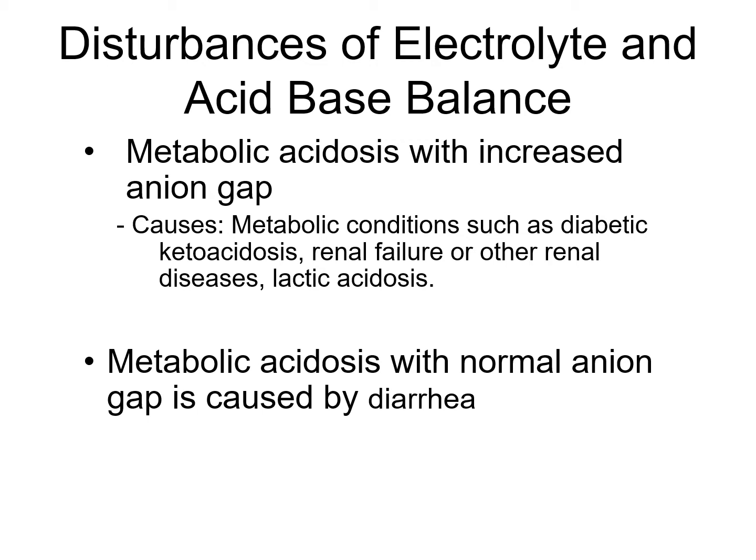Metabolic acidosis is characterized by increased anion gap. This is like a mathematical relationship among the ions. Metabolic conditions like diabetic ketoacidosis, renal failure, lactic acidosis, and other renal problems can have this metabolic acidosis. As I told you, this is mainly caused by renal problems.